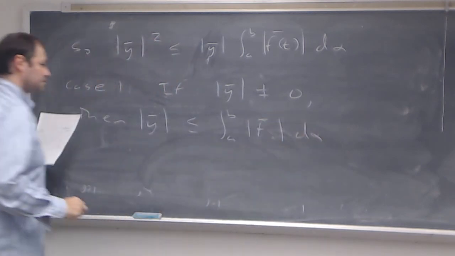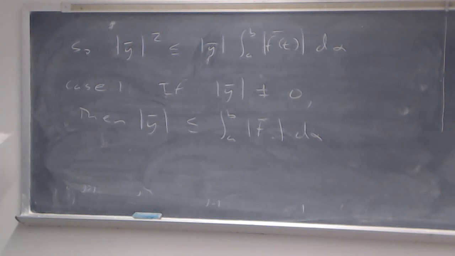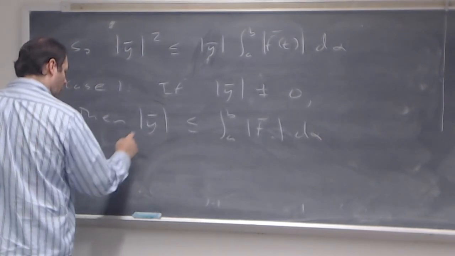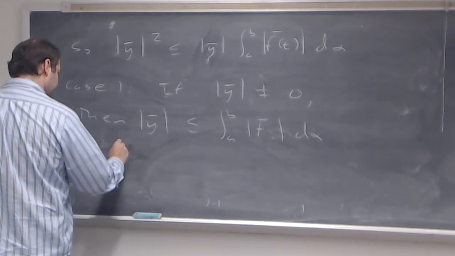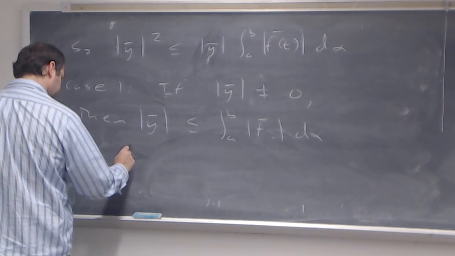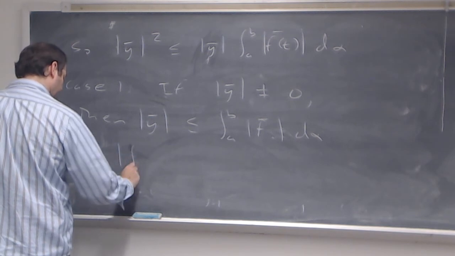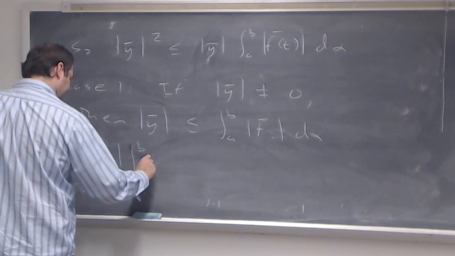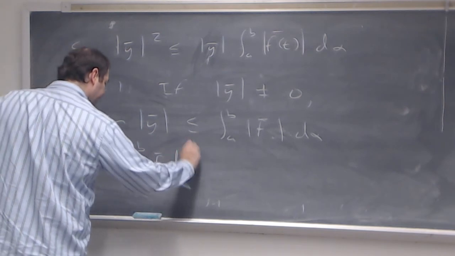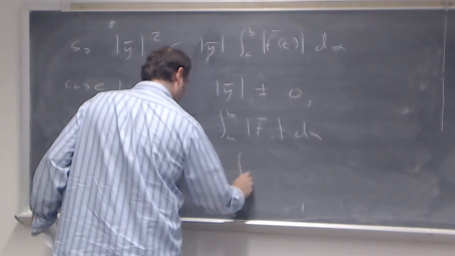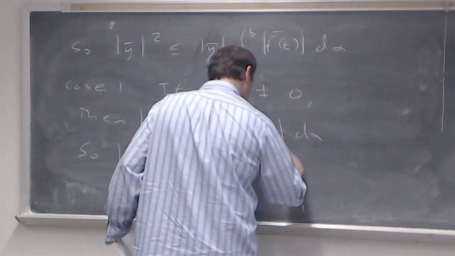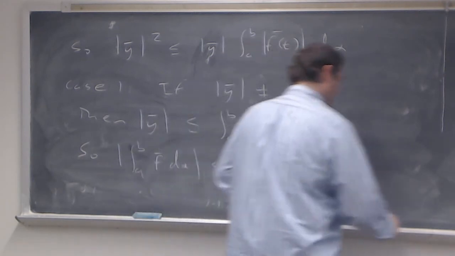That's what I write. And what is this? Remember, y bar is the integral. So it's the norm of the integral from a to b of f bar d alpha, which is less than or equal to the integral from a to b of the norm of f bar d alpha. So we have it in this case.